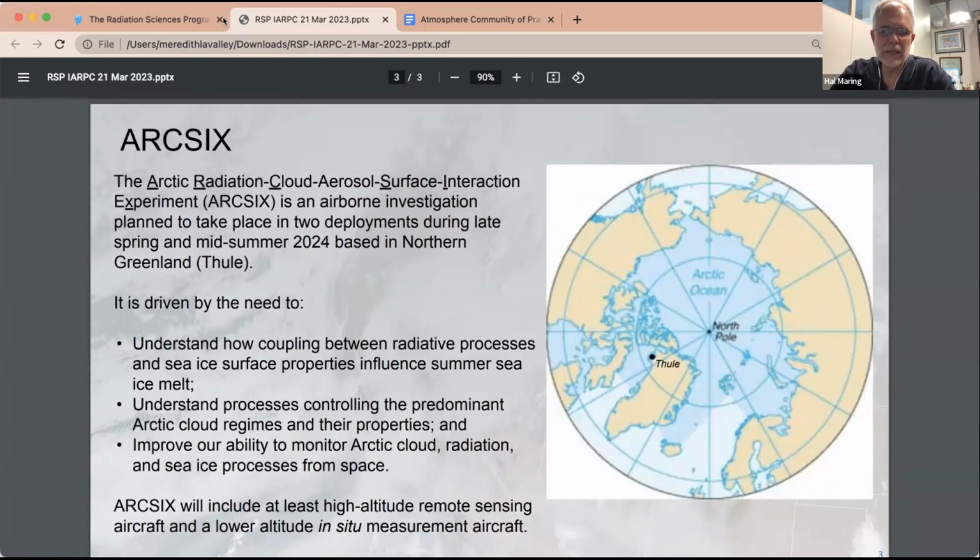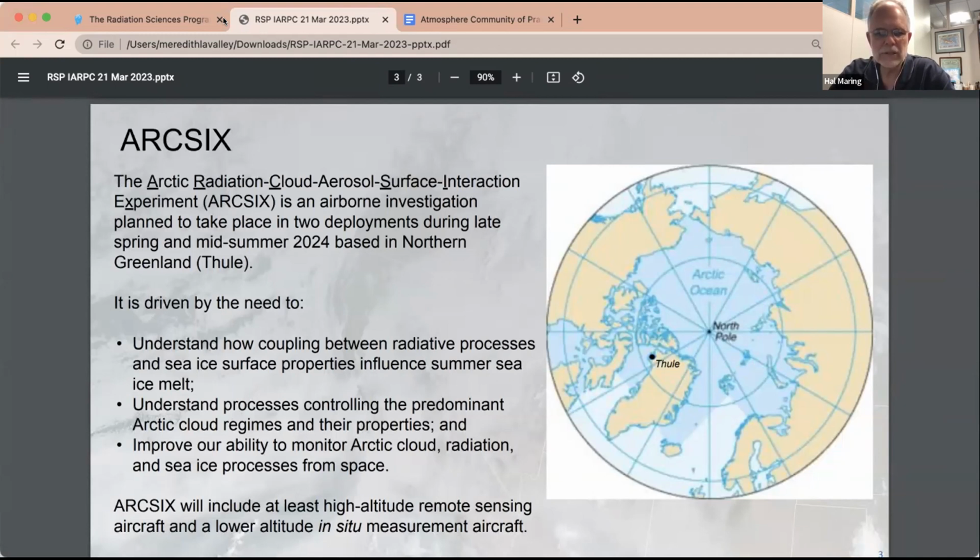It'll be based in northern Greenland at Thule, and it's driven by the need for us to understand how the presence or absence of surface sea ice, and the state of the surface of that ice, whether it's wet or how rough it is, feeds back into the energy budget, and how that affects cloud properties and how aerosols affect cloud properties.